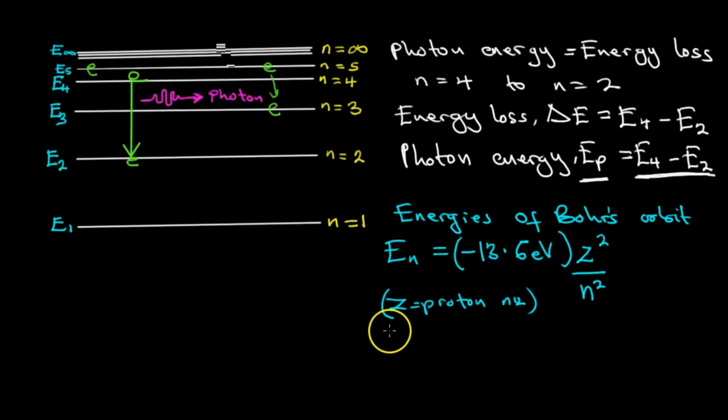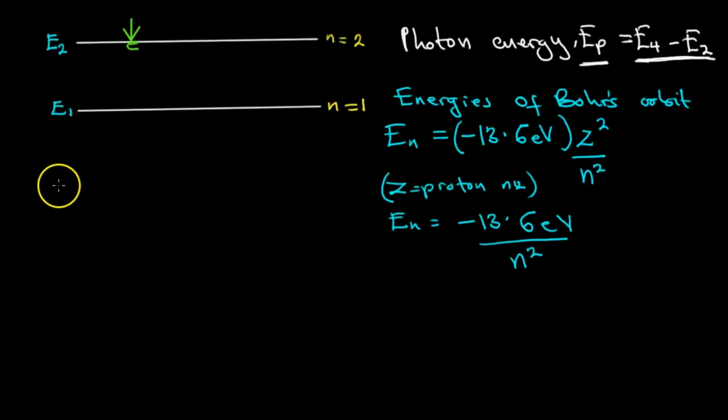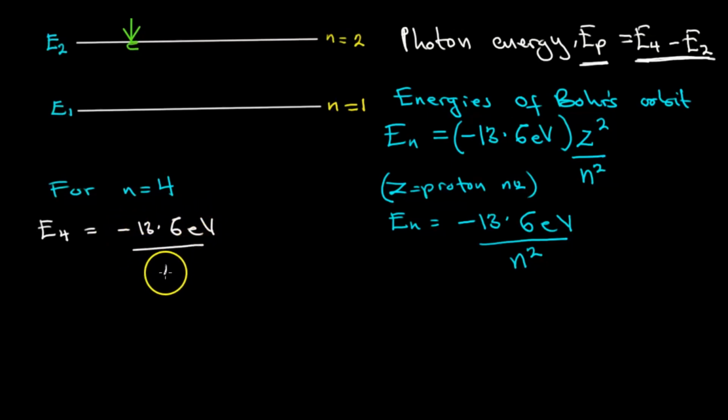So En is equal to negative 13.6 electron volts divided by n squared. For n equals 4, E4 is equal to negative 13.6 electron volts divided by 4 squared, which is negative 0.85 electron volts. That is our E4.